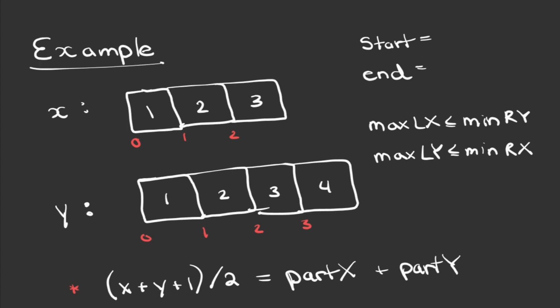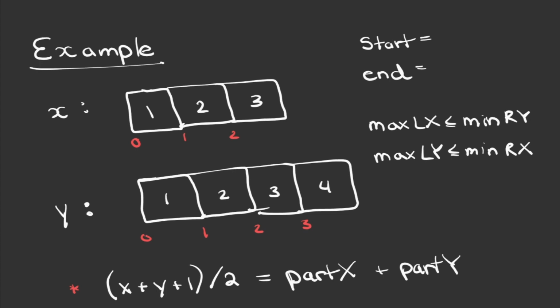And similarly, we need the maximum of the left of the second array to be less than the minimum of the first array's right partition. And the way we create partitions for this algorithm is using binary search, since we want to just split it into two equal partitions and continue the binary search if we do not meet the conditions that I outlined previously.